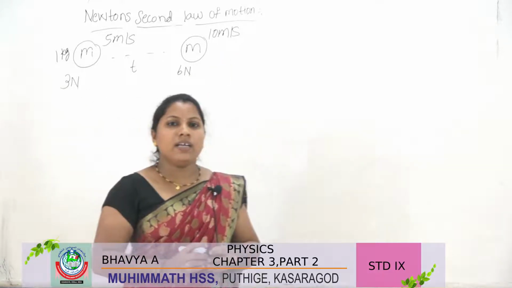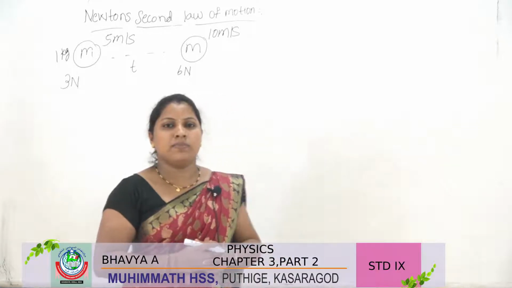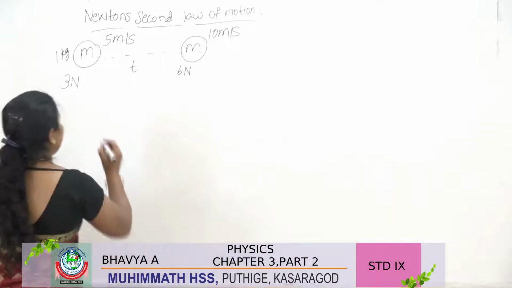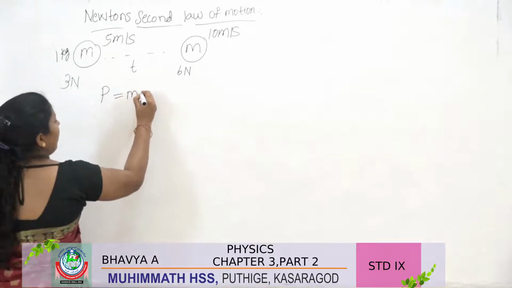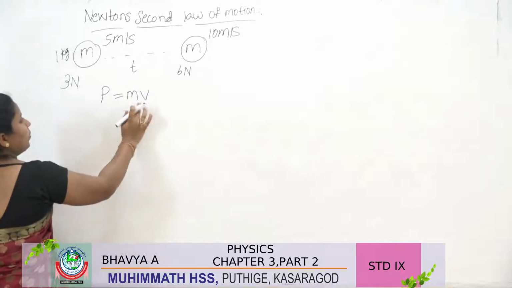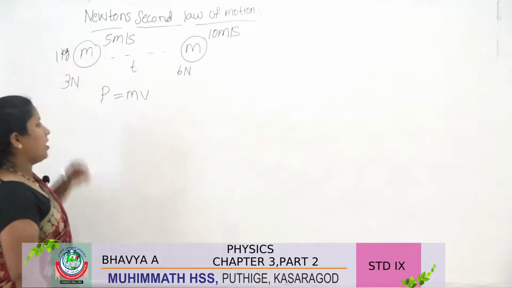Then you calculate the momentum. How do you calculate momentum? P is equal to m into v. The mass here is 1 kg.